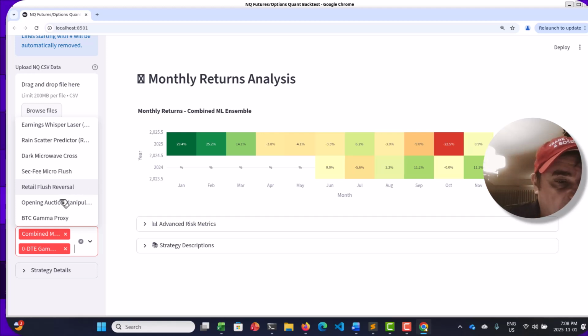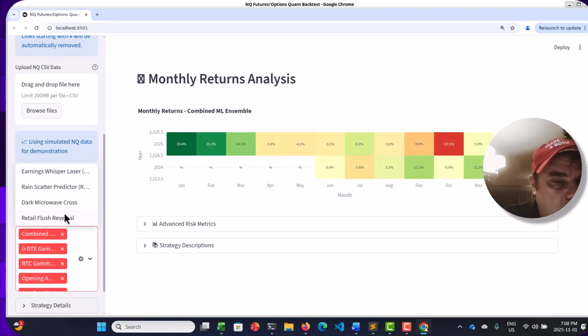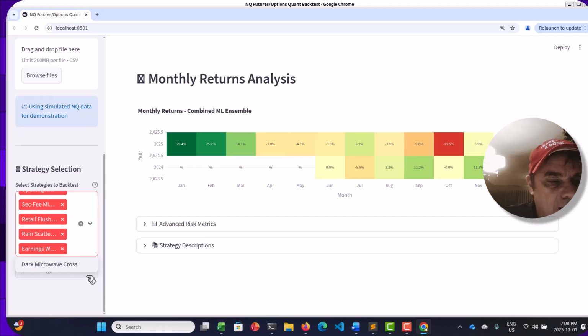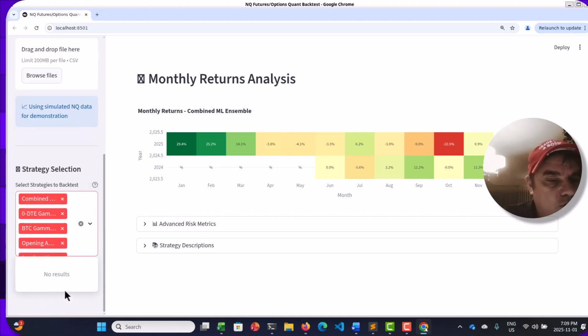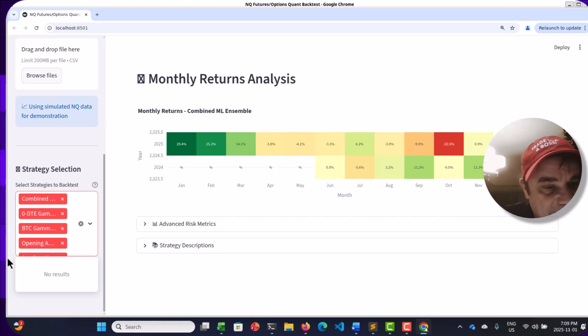And as I said, I just use everything because I can compare which one's going to give me the best. So I'm just going to show you this. You can see here I just loaded in this dark wave microwave strategy, right? Yeah, it's not very good.